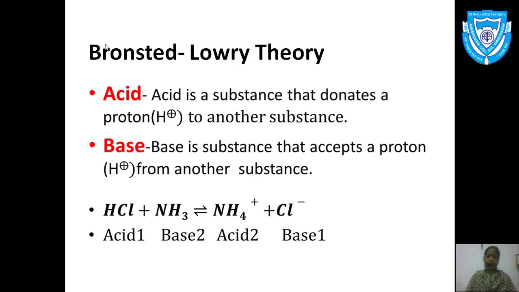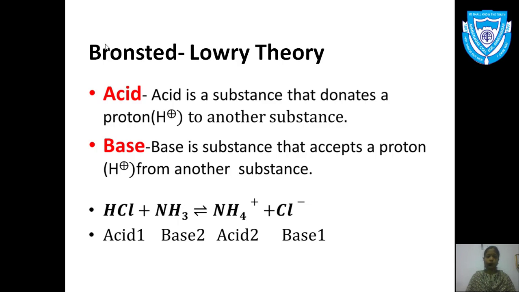NH4 plus also has a tendency to donate its proton and act as an acid, while Cl minus can accept the proton and act as a base, but in the reverse reaction. Overall in the reaction, HCl is an acid, ammonia is a base, the ammonium ion NH4 plus is an acid, and Cl minus is a base.